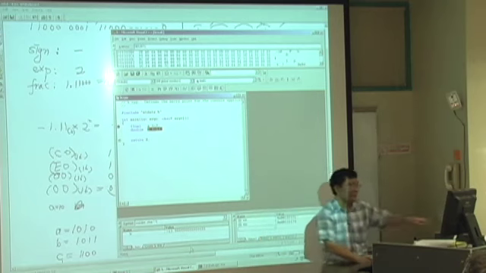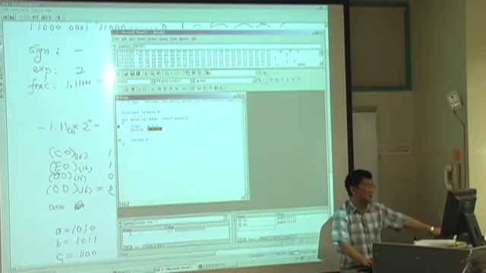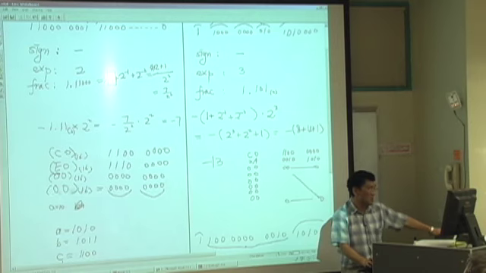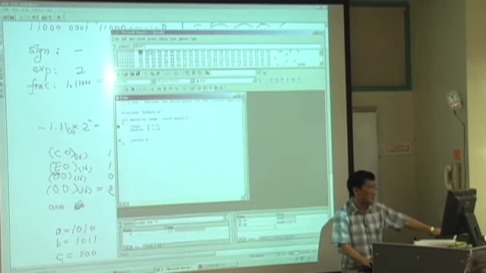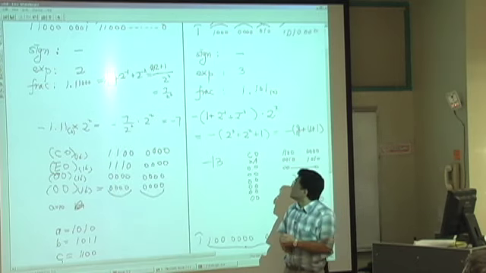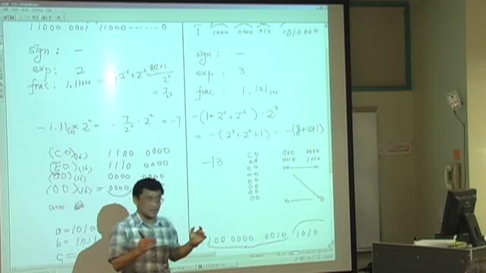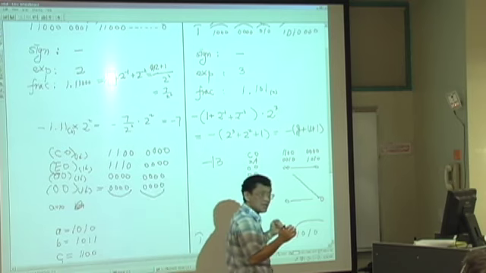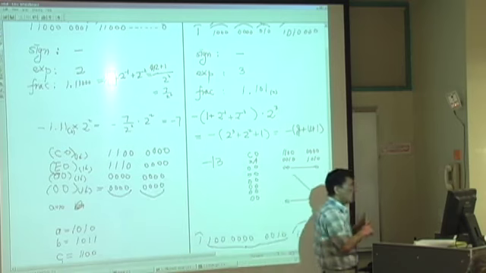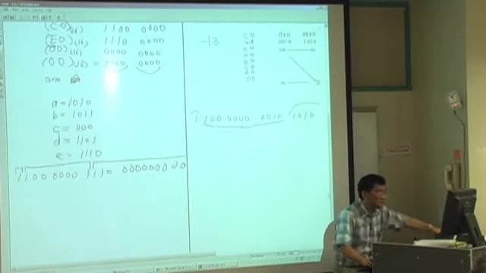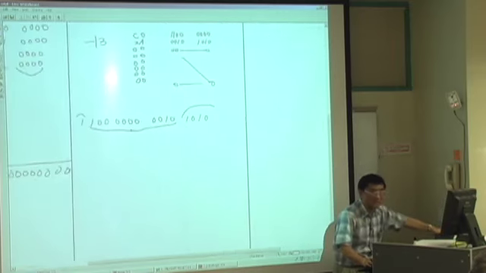But you should be careful because this is little endian, so you should locate the first one in the smallest memory address, and then locate the second one, and so on. So I covered the normalized case. If you have any question about the normalized case, ask me. If you don't, then I will begin to mention the denormalized case and the infinity case.